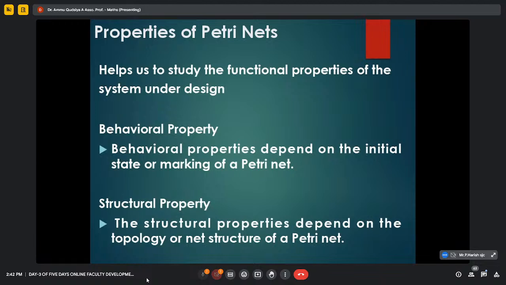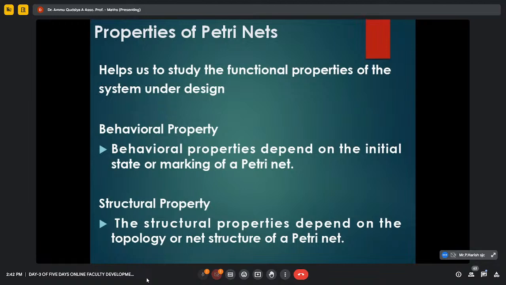We have some properties of Petrinets which can be used to analyze and study the behavior of the model that we are creating. There are two important properties of Petrinets. One is behavioral property, the other one is structural property. Behavioral property depends on the initial state or marking of a Petrinet.